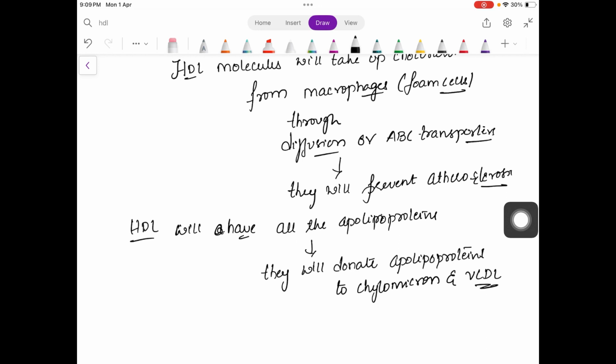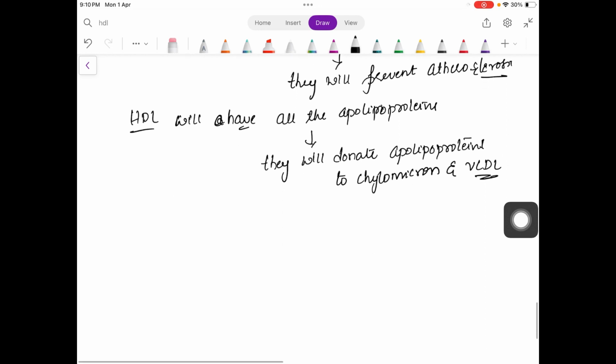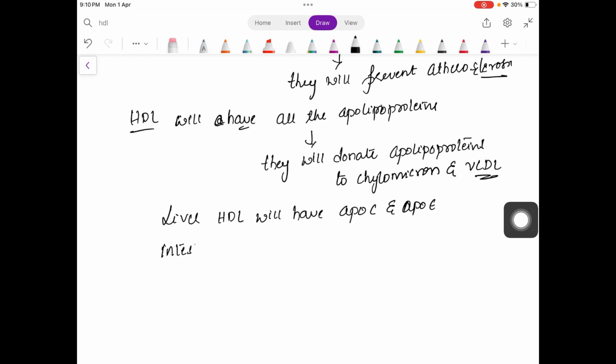And this HDL molecule will be secreted or synthesized from liver and intestine. The liver HDL will have ApoC and ApoE. Intestinal HDL will not have ApoC and ApoE.